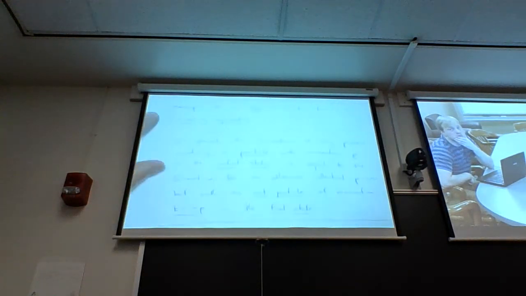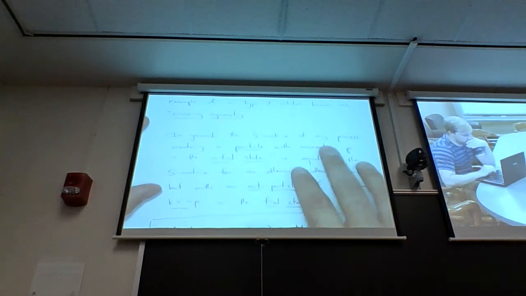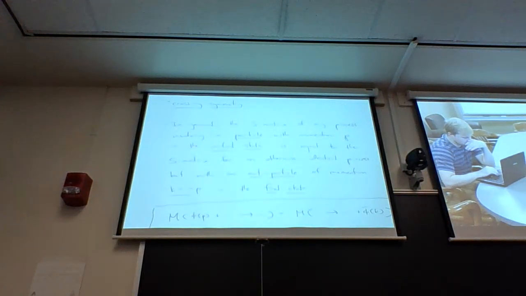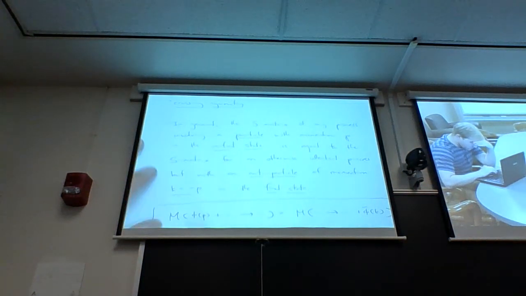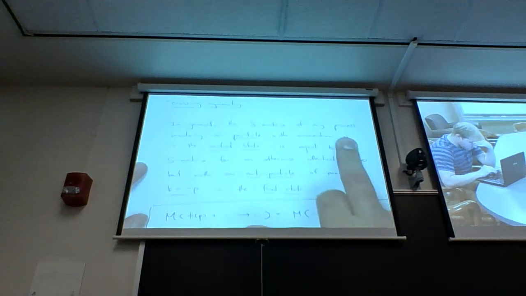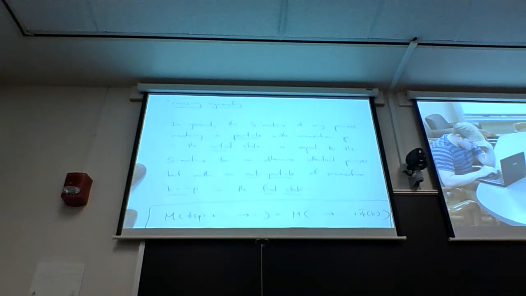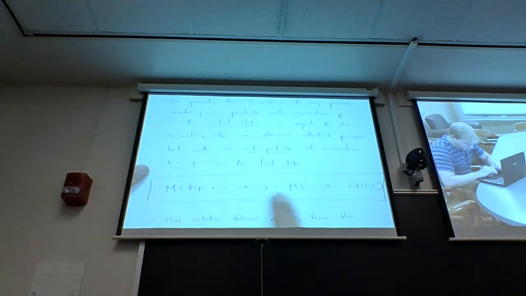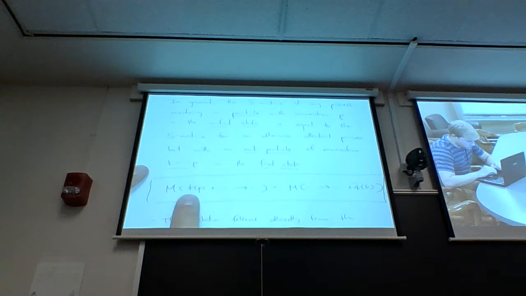So in general, let me just state it. The S matrix for any process involving a particle with momentum p in the initial state is equal to the S matrix for the identical process, but with an antiparticle of momentum k, which is minus the original momentum, in the final state. In other words, my original scattering matrix has some phi particle that's incoming with momentum p.